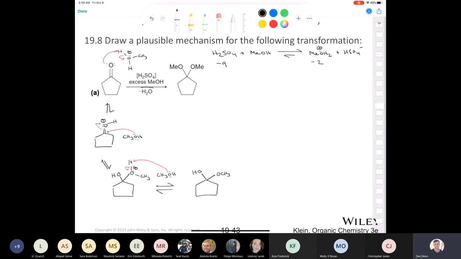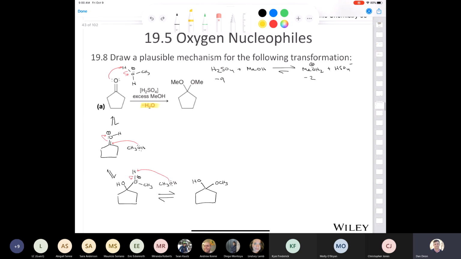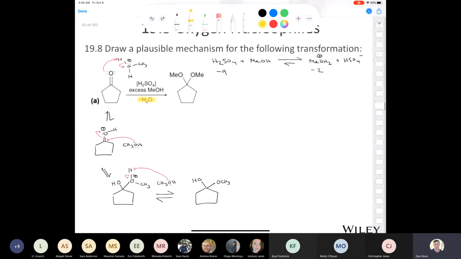Now, remember, we're going to have to lose water. Where is that water going to come from? In fact, the water is going to come from here after it gets protonated. When I did the last proton transfer, I ended up forming more of the protonated methanol. And so that can act as an acid catalyst to protonate the hydroxyl and render it a good leaving group. Let's draw that. First, we'll start by drawing our protonated methanol like this.